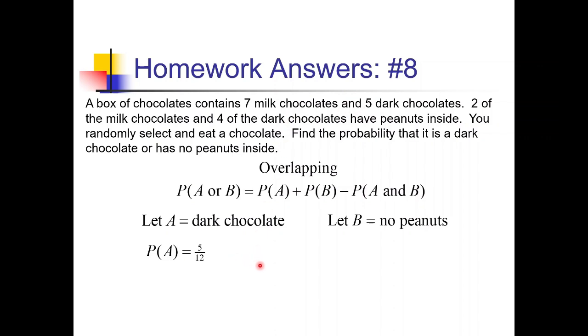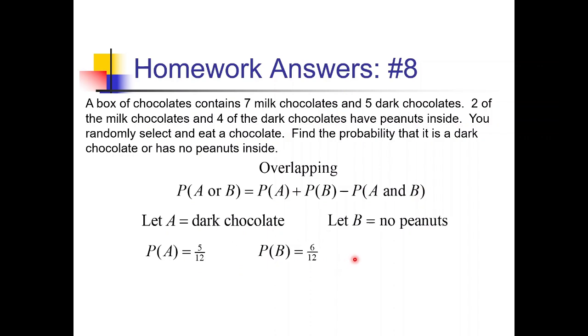So 5/12. Now let's also figure out no peanuts. So they said, let's see, 2 of the milk chocolates and 4 of the dark chocolates have peanuts. That means there's another 6 out of the original 12 that don't have peanuts. So 6 out of 12. And I'm going to leave that as 6 out of 12, not reduce it, because I know I'm going to have to add this together later on with some other fractions.